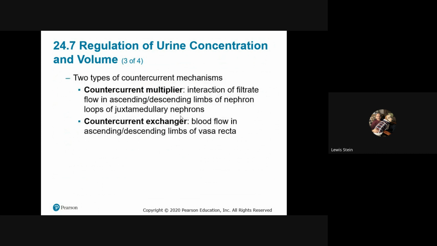So here are the countercurrent mechanisms. Two aspects of it: the multiplier and the exchanger. As we get farther down, this develops in infancy, and by roughly age 3 or 4 we begin to develop the adult model, where there are increasing amounts of concentration as we get deeper into the kidney, more central than peripheral.